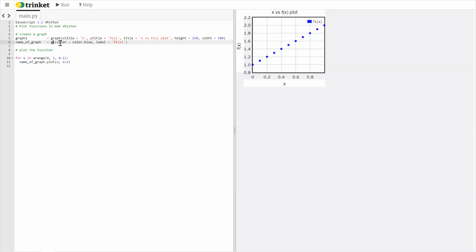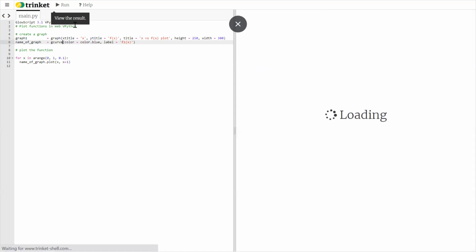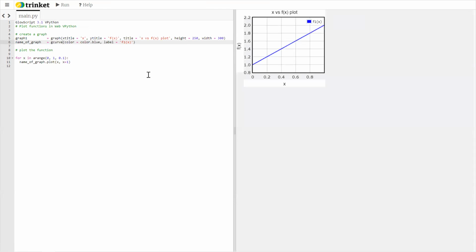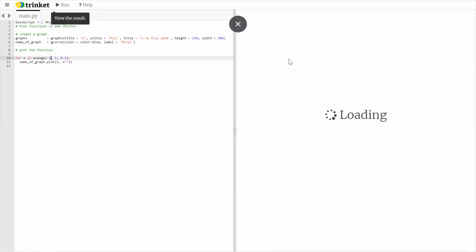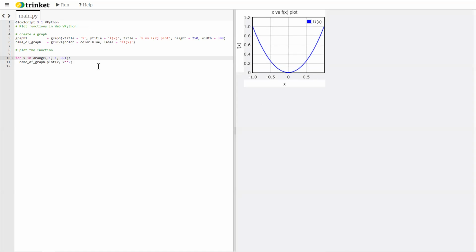So put this back to gcurve, and then we define the functions. Here we don't include the function itself, but we put it as an operation in the for loop. So let's say if you plot x squared, and then we make the interval from -1 to 1, we can see the parabola.